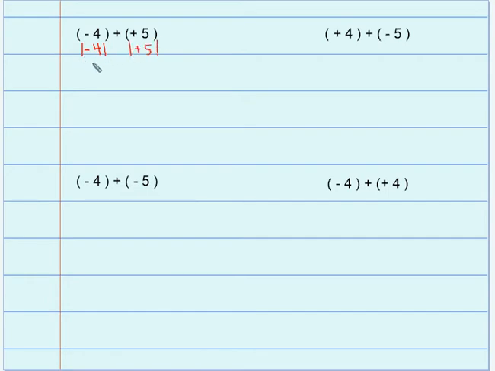So the absolute value of -4 is 4, and the absolute value of +5 is 5. And then I need to subtract these. So don't subtract 4 minus 5. Take the larger value, and subtract the smaller number from it. So the difference between the absolute values is 1.